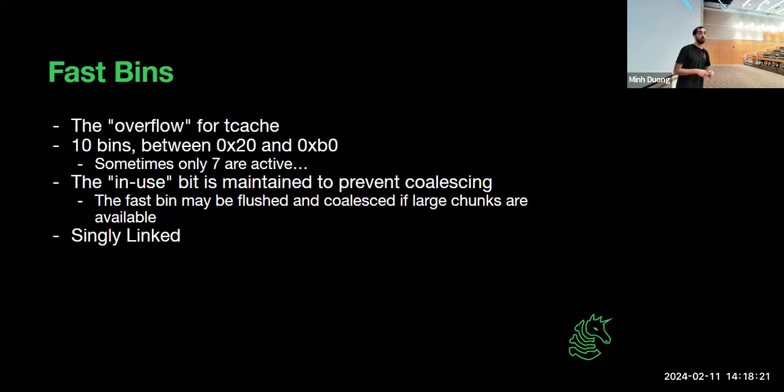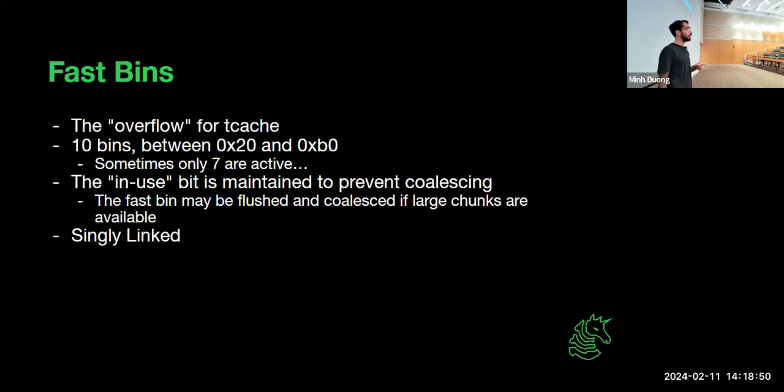Okay, so the more natural form of bins are just fast bins. This now acts as an overflow to the Tcache. If an allocation can't go into the Tcache, it will see if it can go into the fast bins next. There's only 10 of them, but I found out last night that sometimes malloc will only let you use 7 of them. It's very interesting when it decides to use the fast bins or not.